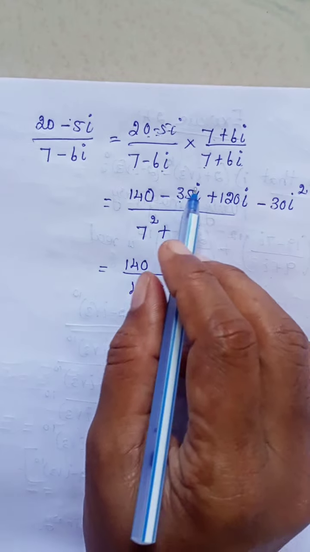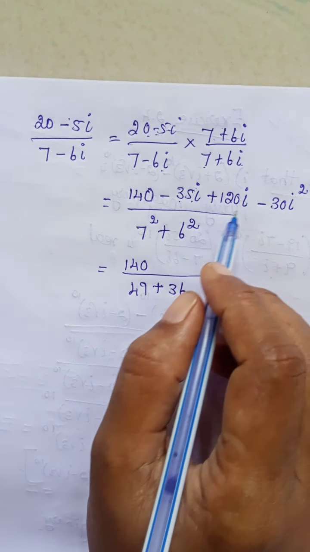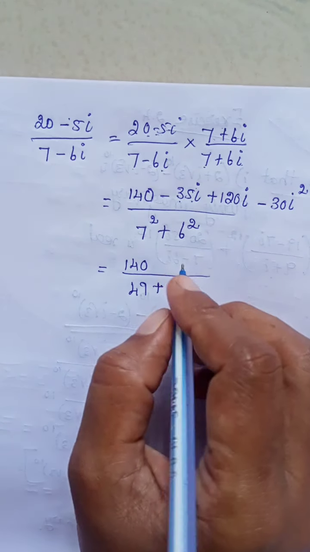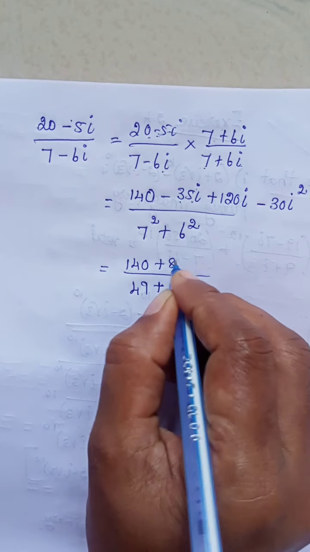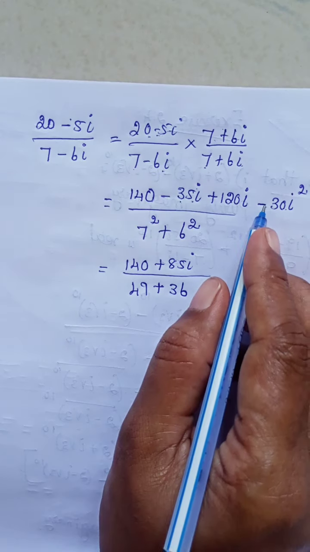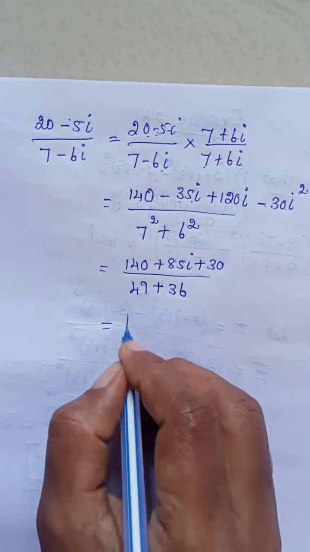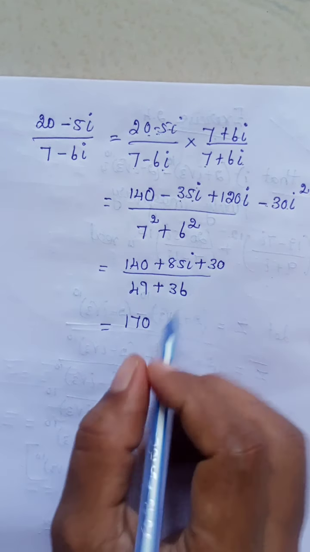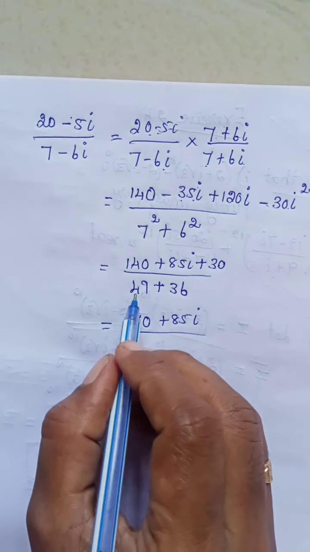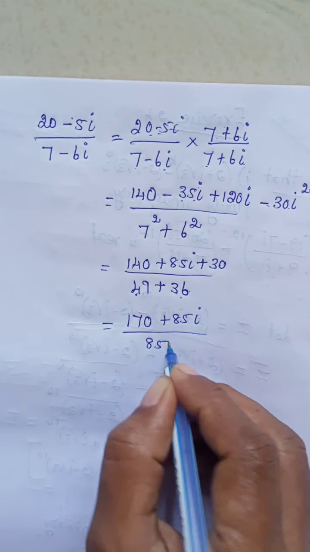140 minus 35i plus 120i, we may get plus 85i. And I square, the value is minus 1, so this minus will become plus 30. 140 plus 30 is 170, plus 85i, divided by 49 plus 36, that is 85.